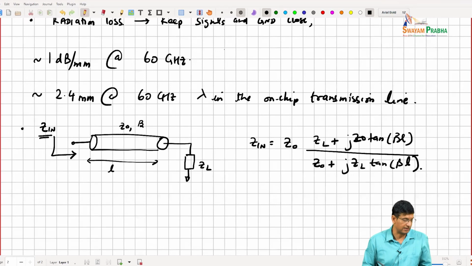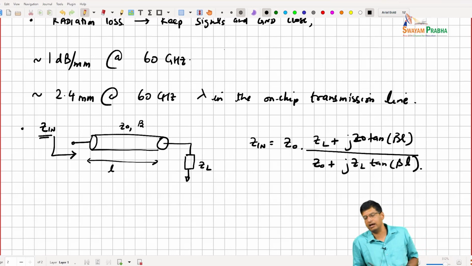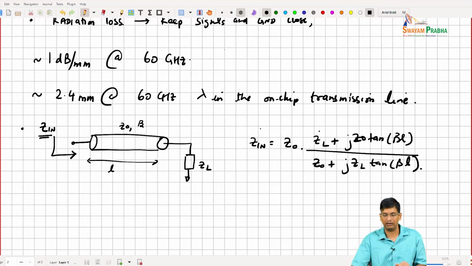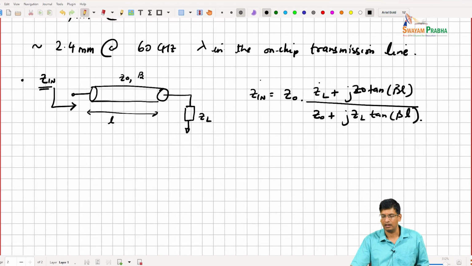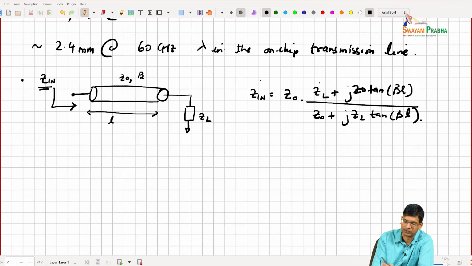We can control Z0 and tan βL in order to transform a certain ZL to a certain Zin. Of course, by using just one transmission line, only a finite set of transformations is possible, but we'll talk about circuits with more transmission lines. At its simplest, transmission lines can help us translate impedances.